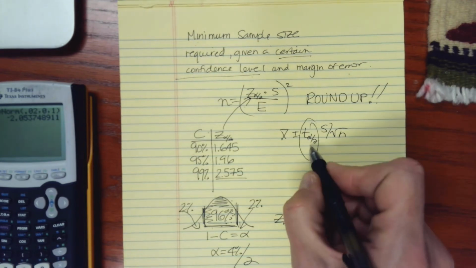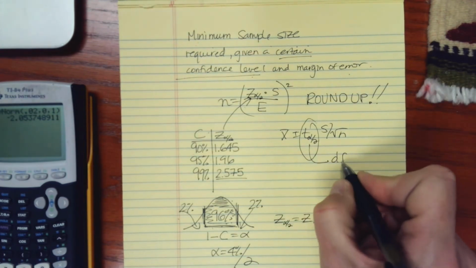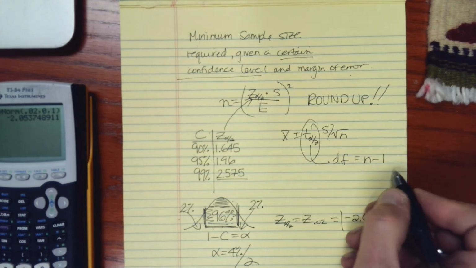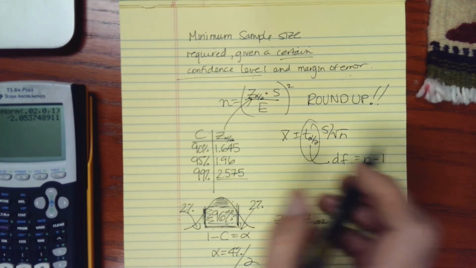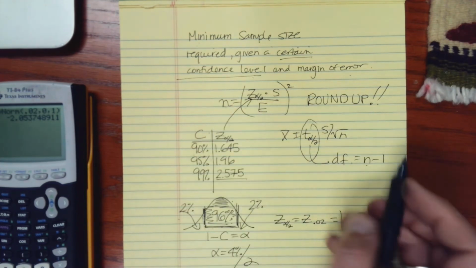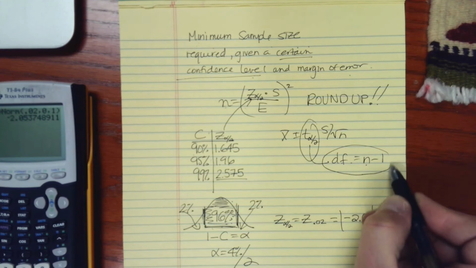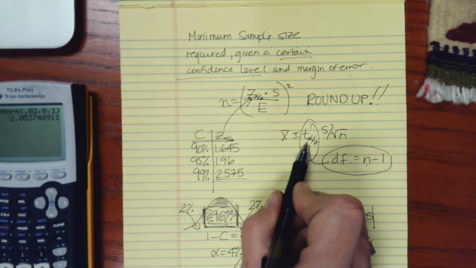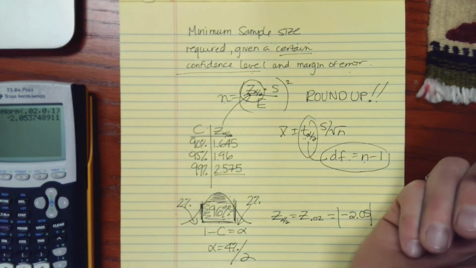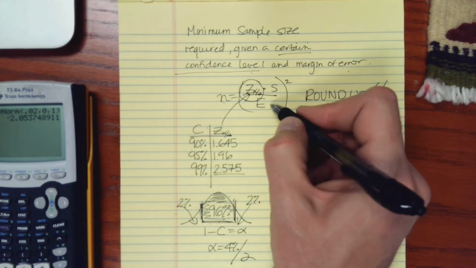Well, remember that these values are determined by degrees of freedom, and we're using n minus 1 for degrees of freedom. Now, n is the sample size. Here I'm trying to find the minimum sample size, and so it makes sense that I wouldn't know it, so I won't be able to look up a critical value from the t-distribution, and that's why I'm using the critical value from z, z of alpha over 2.